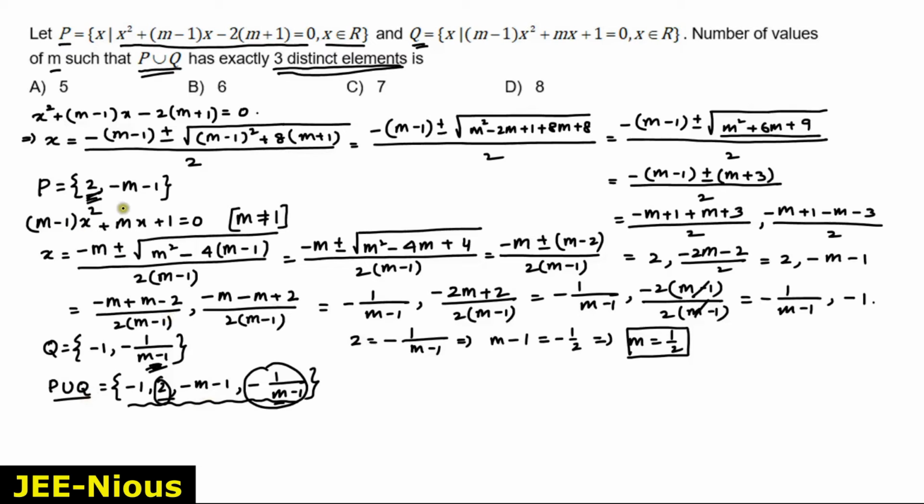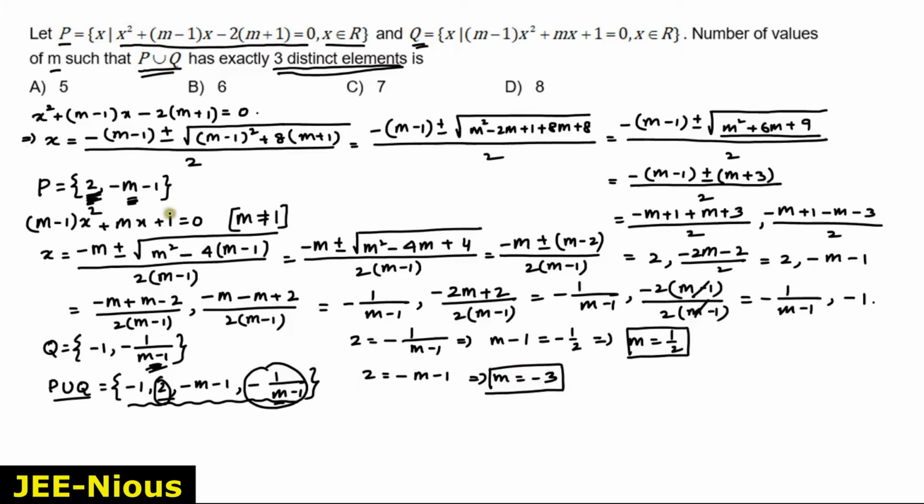Next case, I can consider that 2 is equal to minus m minus 1. Look at it carefully. If I say that these 2 elements are equal, then you are getting m as minus 3. Now if m is minus 3, then these 2 elements are the same.